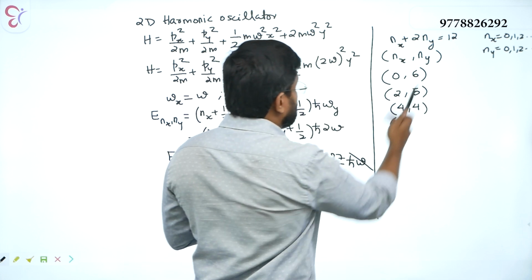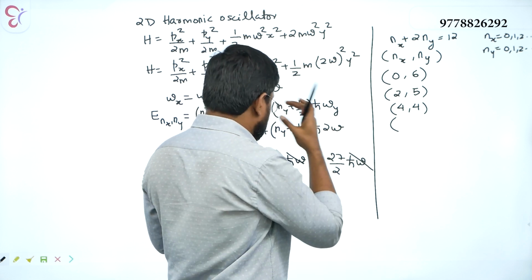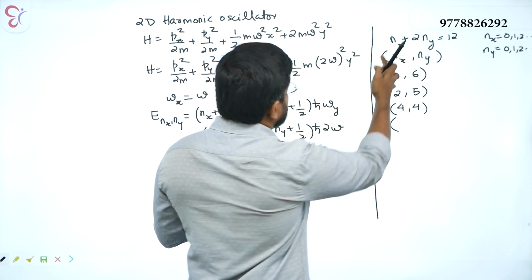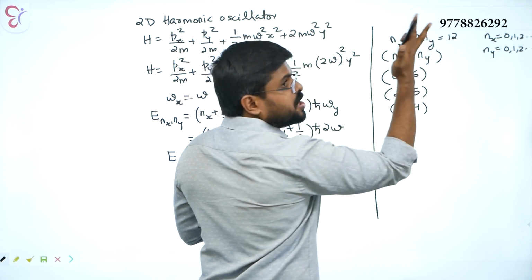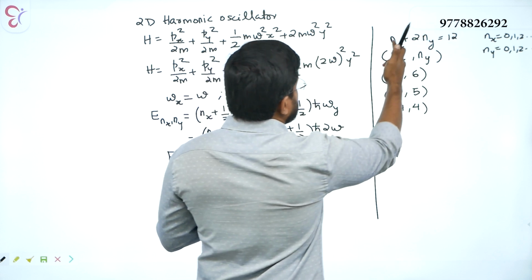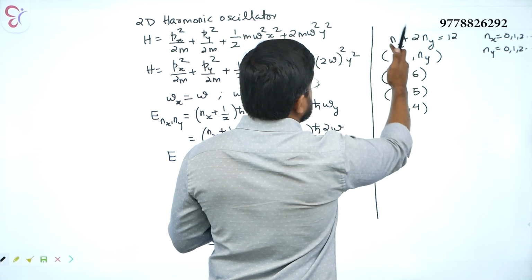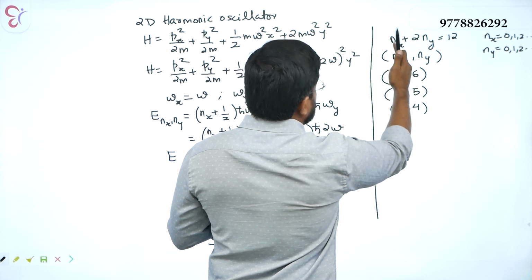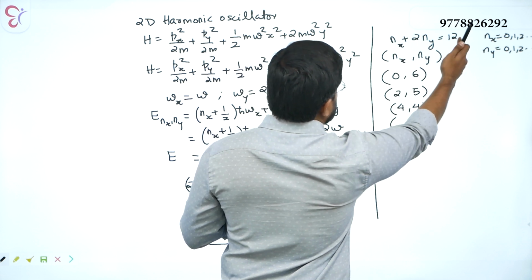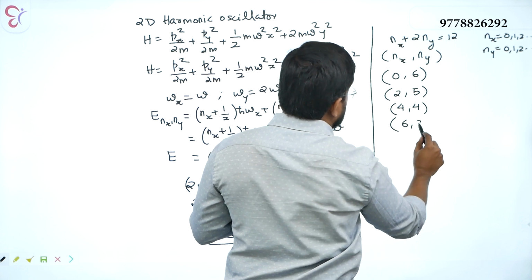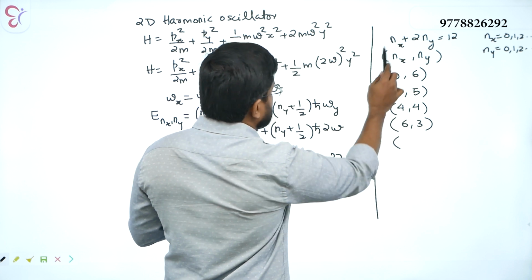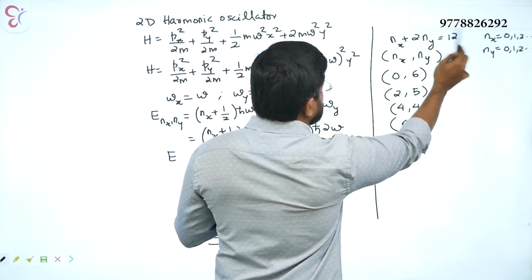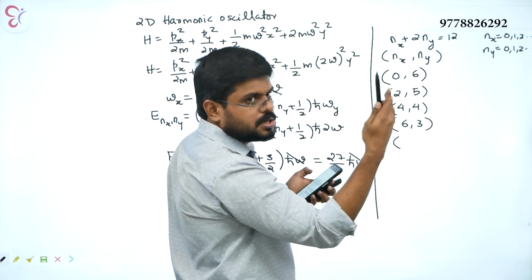Next combination, not energy level, next combination. If you substitute 5, then it will be 7, so 7 by 2 cannot be the level. Then substitute 6. If you substitute 6 here, it will be 3, isn't it? So 6, 3 will be another level. And if you substitute 7, then 5 by 2 will come. No, it can't be.